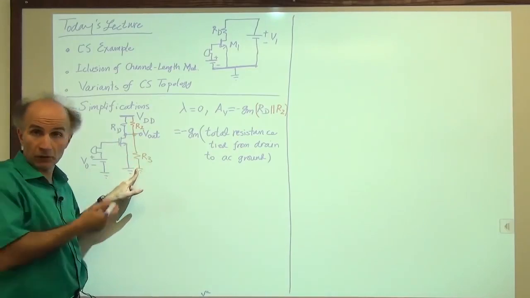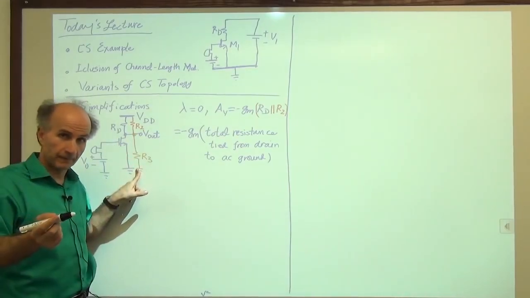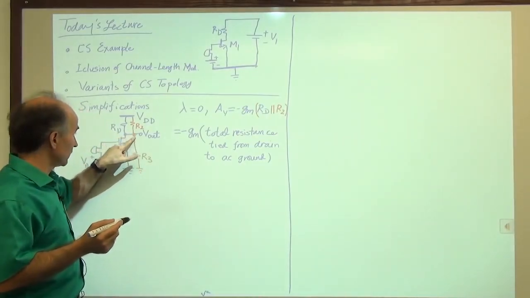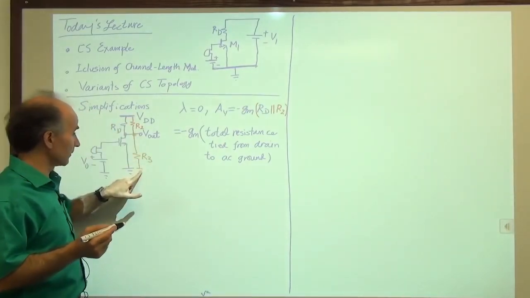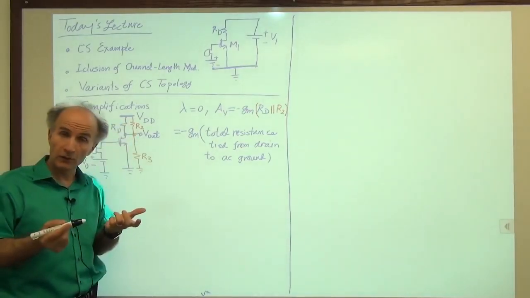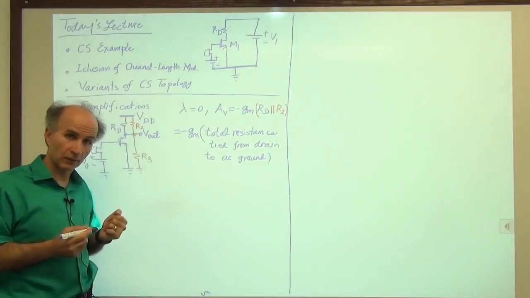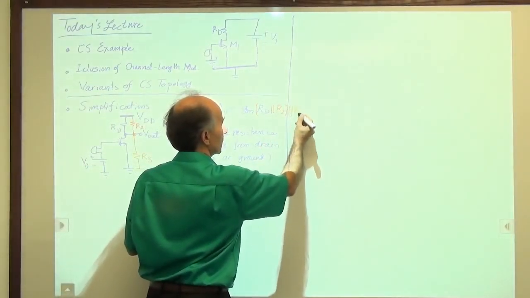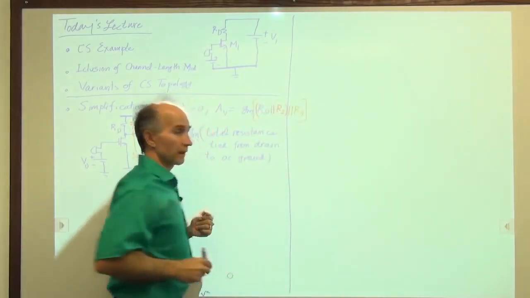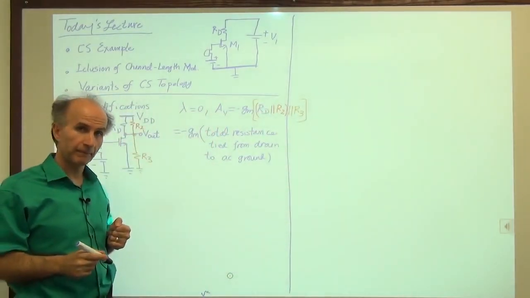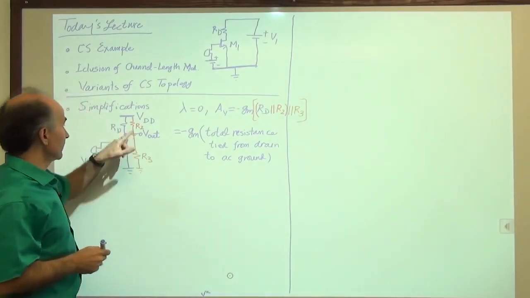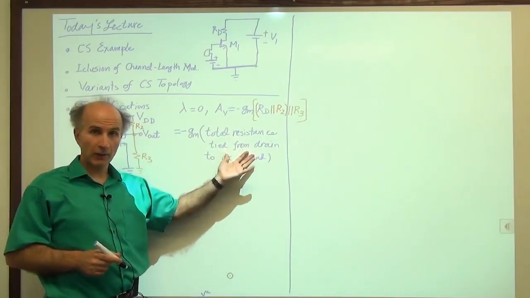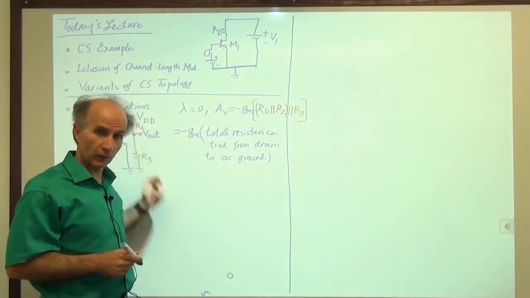R3 to ground, a real ground. They're all grounds. And they're all in parallel. You can see that they all share the terminals here, and they all share the terminals here, because this point and this point will be one node in the small signal model. So in that case, this would be also in parallel with R3. And then we have this whole thing inside square brackets. Okay? All right, so you don't necessarily design a circuit like this, but this is just to show you that once we have this picture in our mind, we can readily write the voltage gain for any circuit like that.